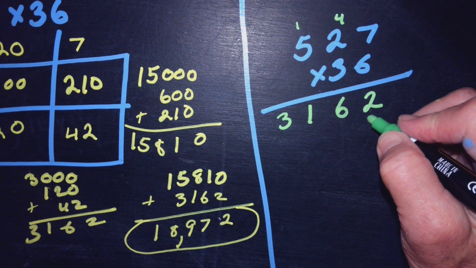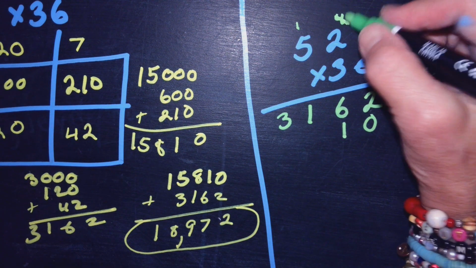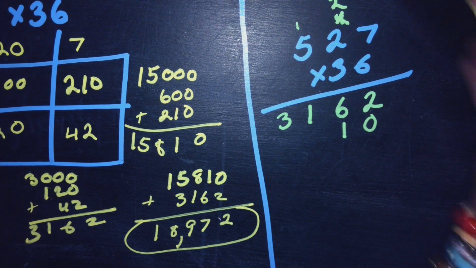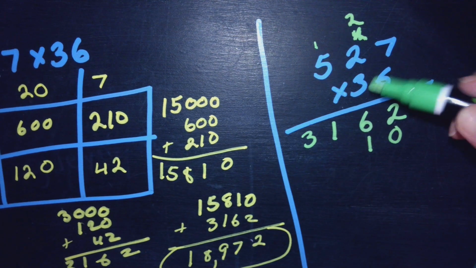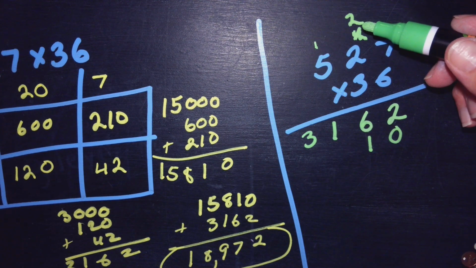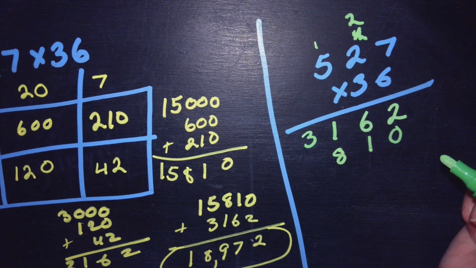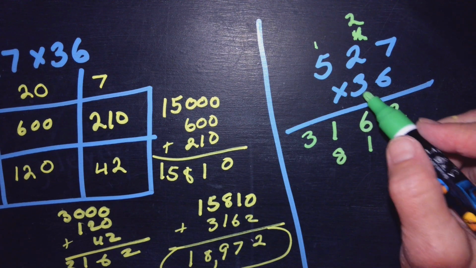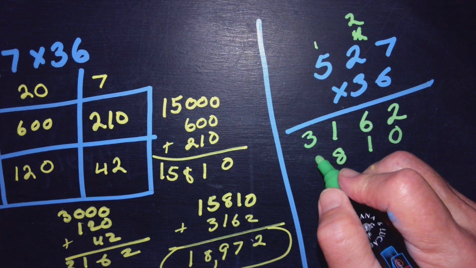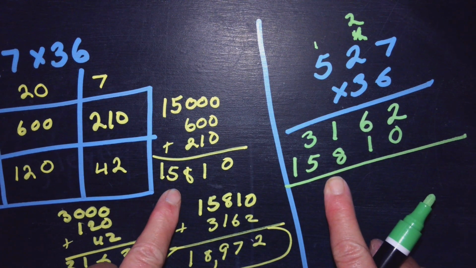So I'm going to bring down my 0 and my 1 from the 200, but I've got to carry that other group over there. 30 times 20 is 600, plus the 2 extra that I have is going to be 8. I don't have anything to regroup this time because I didn't have any extra groups left over. And then 5 times 3 is 15, nothing to regroup. Notice, again, those two numbers there should be the same.